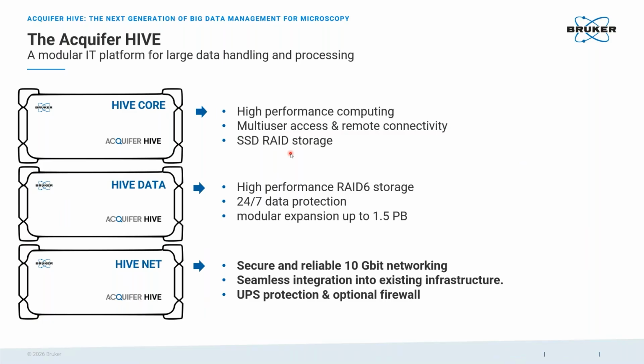It actually expands your existing infrastructure, and it comes with a UPS, so universal power supply, which protects your system in case of a power outage, which can be dangerous to RAID systems. So with the UPS, your data is always safe, even in case of power loss. And you can have optionally a firewall to provide you some security from external threats.